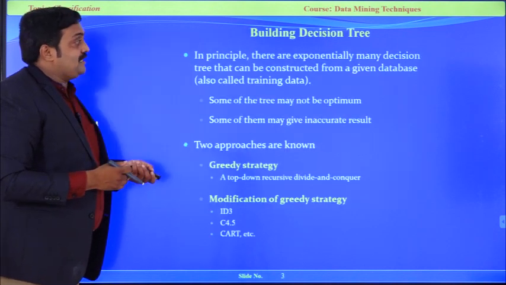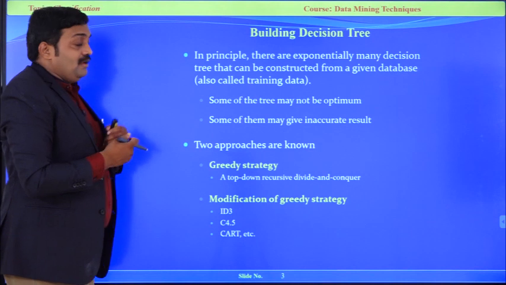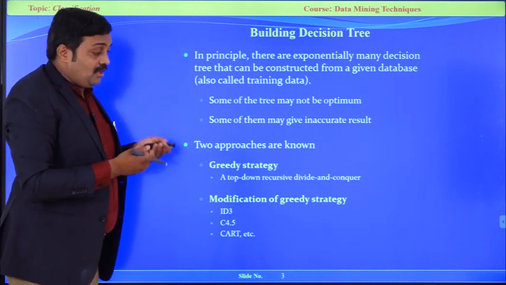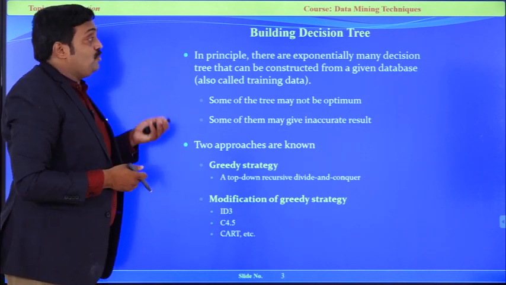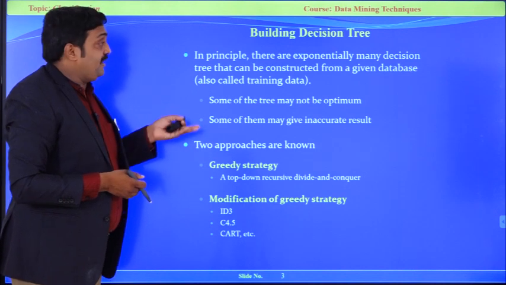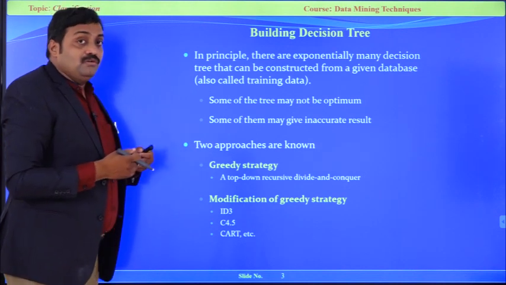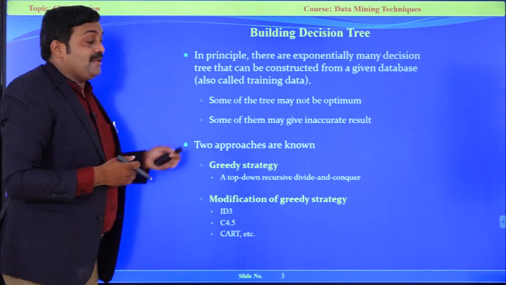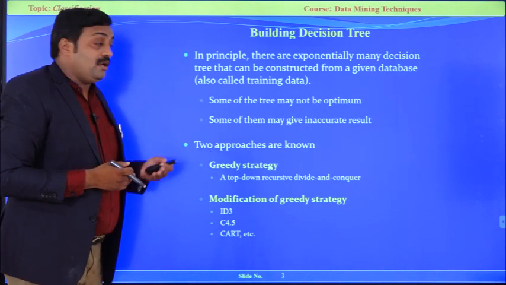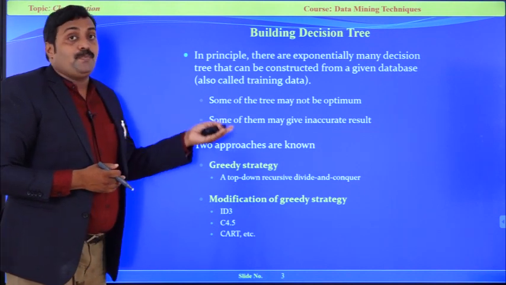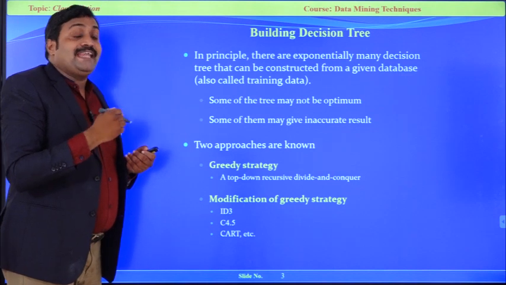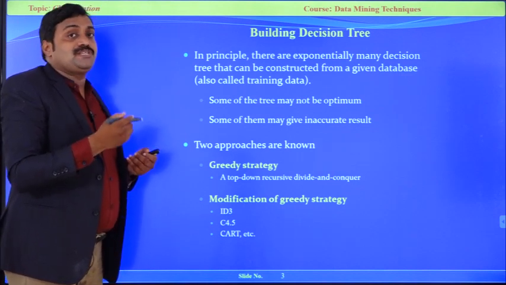Okay, let's see, in principle, how a decision tree works and what approaches we need to use. Based on the definition and the illustration example, we understand that we can construct a decision tree that may not be optimal or may not give a proper result, because the picking of the attributes plays a key role in getting the optimal decision tree.